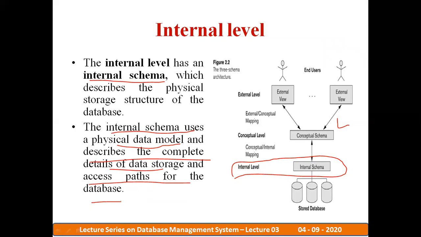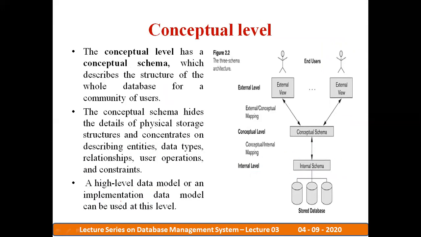The second level we are using is the conceptual level. The conceptual level has the conceptual schema, and it describes the structure of the whole database for a community of users.